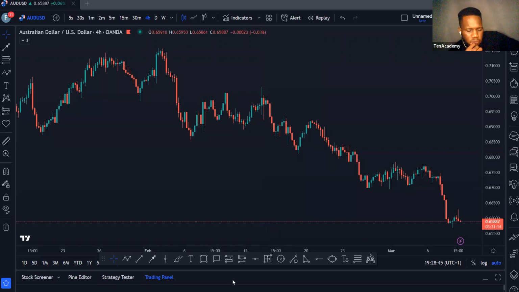Now, Ambrose is asking a question: what is institutional trade and retail trade? Trading institutionally is trading with the footprint of the big banks, of the market makers. So there's a particular way that financial, all those big banks, there's a way they trade and they leave some footprints.